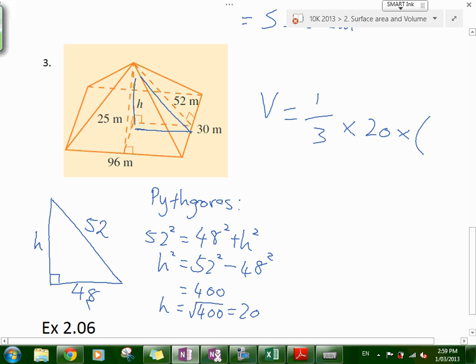The base area. 30 times 96. And if we find that, the volume is equal to 19,200 cubic meters.